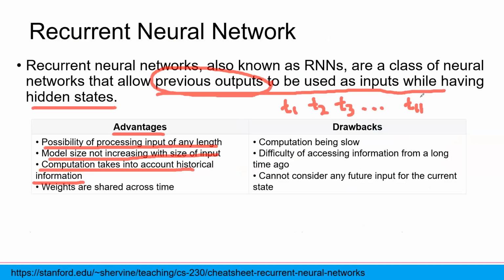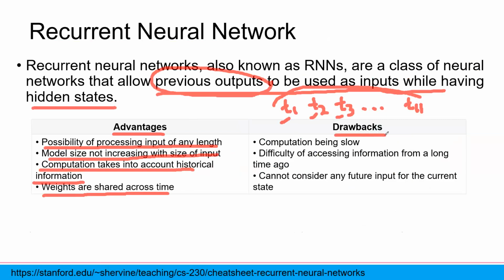So I can take into account all the historical data with this neural network. And then weights are shared across time. So the data in T1 has weight, and the data in T2 also has weight, and so on. So the weight can be shared across time.